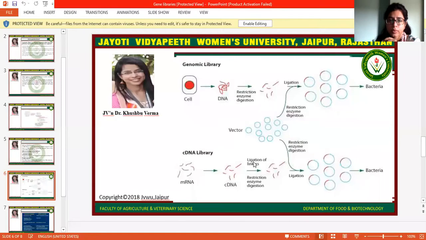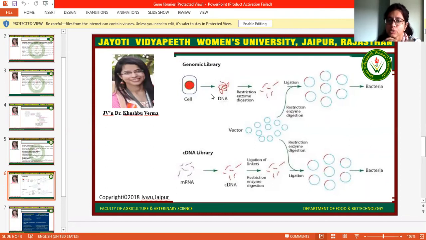Again, we can understand this difference by the diagrammatic representation. In the genomic library, this is the cell which has the DNA.